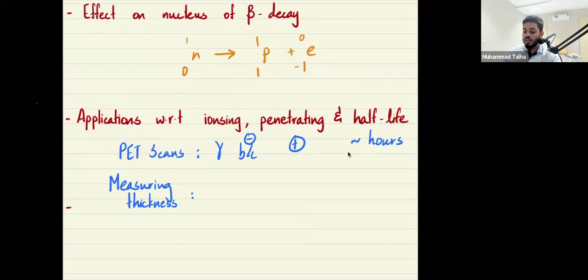But for measuring thickness, we would want it to be not very penetrating, because we send out these different radiations, and on the other hand, we monitor those and we want to see how much of the radiation actually reaches. So what we use in this case most of the time is beta. And the half-life of this must be very long, a few years, so that it just doesn't run out immediately while we're doing that production process. We want it to have a long life.